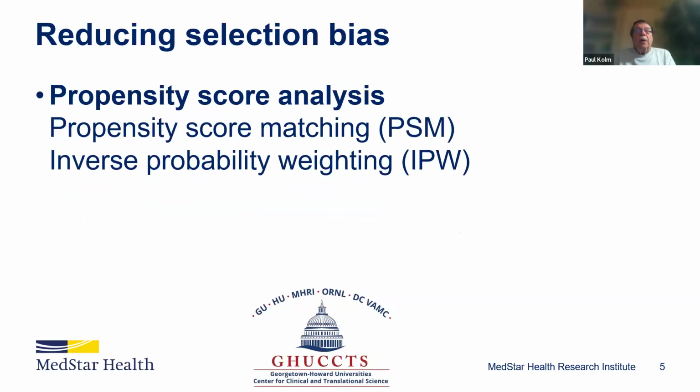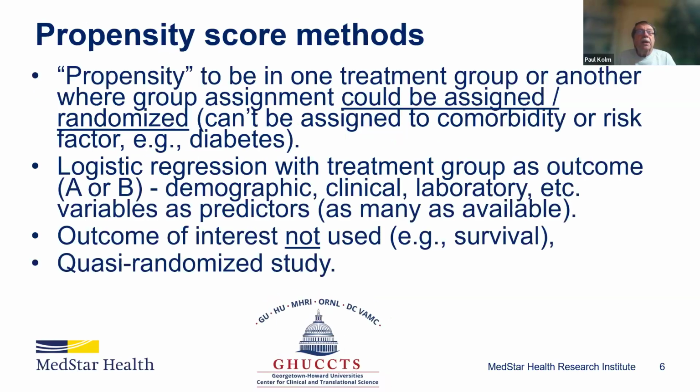So a common way that is used is to use propensity scores. There are two different methods of using propensity scores. One is matching by propensity score, and the other is inverse probability weighting. And so we'll look at each of those and look at the differences between them.